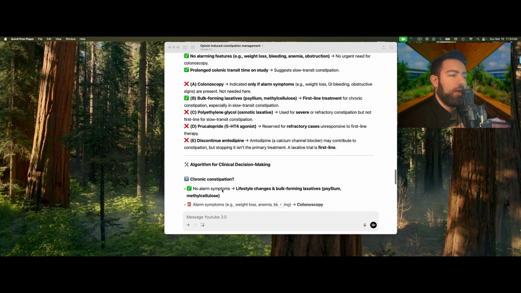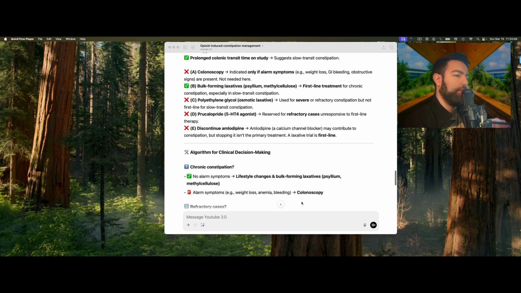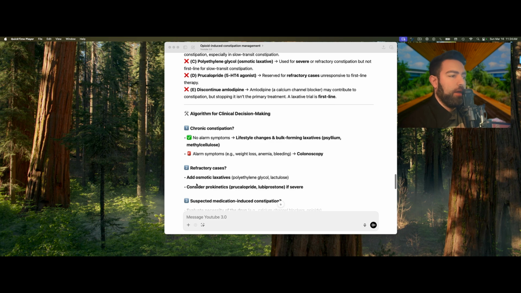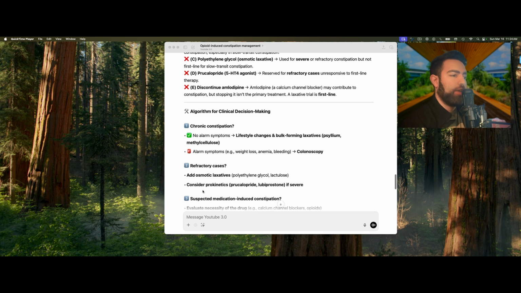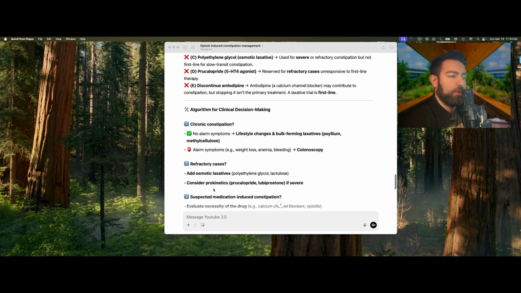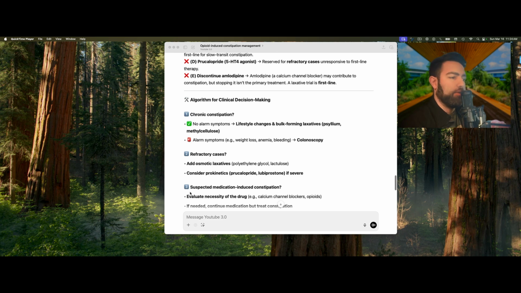Chronic constipation. So no alarm symptoms: lifestyle changes, bulk forming laxatives. Alarm symptoms, of course, get your colonoscopy. Add osmotic laxatives, polyethylene glycol, lactulose for the refractory cases, and consider maybe even prokinetic agents such as prucalopride or lubiprostone if they're severe.